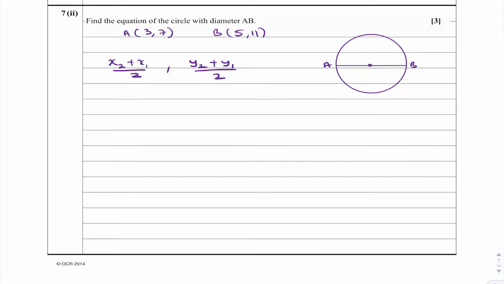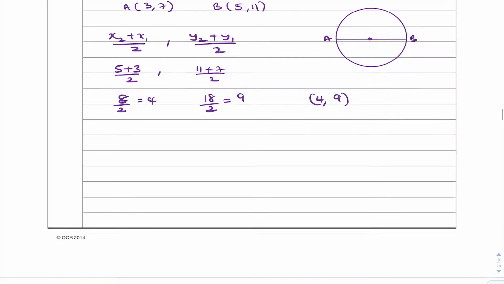So the midpoint will be 5 plus 3 over 2, comma, 11 plus 7 over 2, and that gives us x midpoint 8 over 2, which is 4, and this one is 18 over 2, which is 9. So the center of the circle is the coordinate 4, 9.